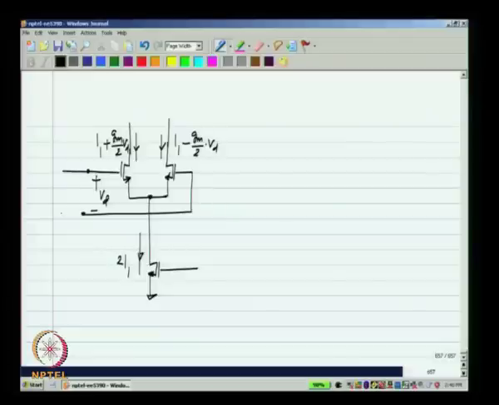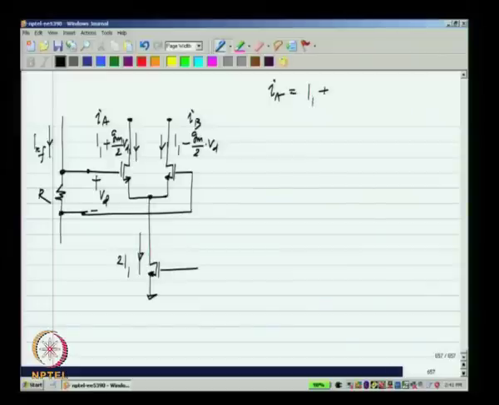And let us say that I generate a Vd by passing a reference current Iref. Okay. I have not shown the complete circuit yet, but Iref through R. So, this Vd will be simply equal to Iref times R. Okay. And let me call these two drain currents IA and IB.